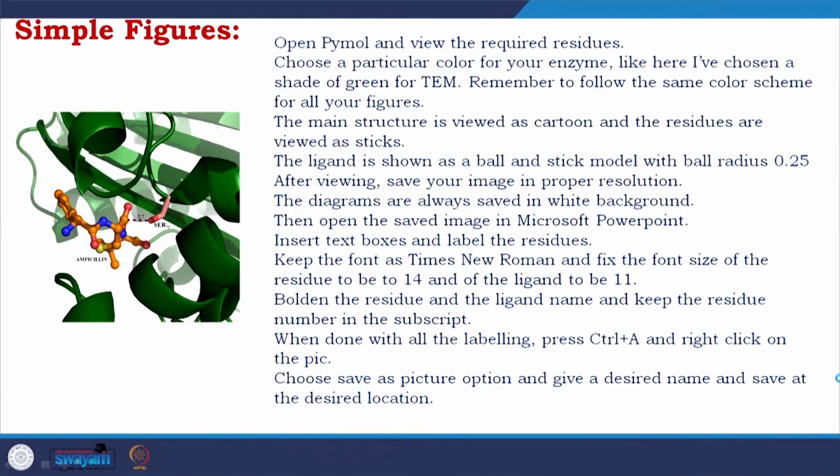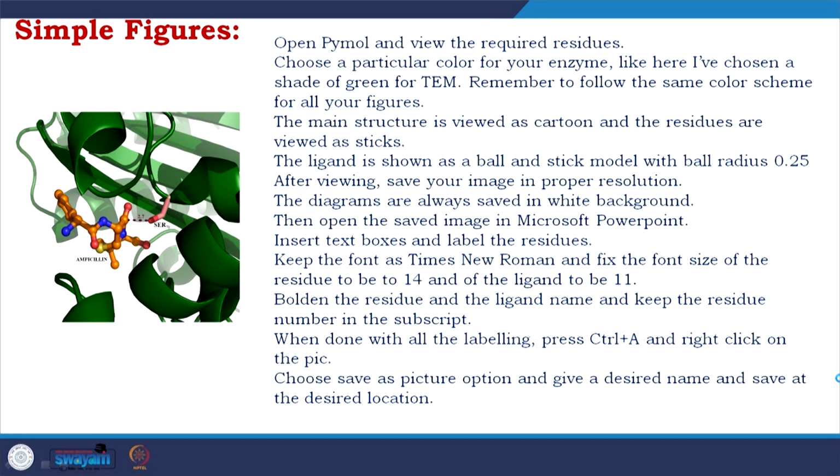First of all, you could make a simple figure. For making a simple figure, you open PyMOL and view the required residues. You choose a particular color for your enzyme, and like here we have chosen a shade of green for the enzyme TM, and remember to follow the same color scheme for all of your figures, so that you maintain continuity.